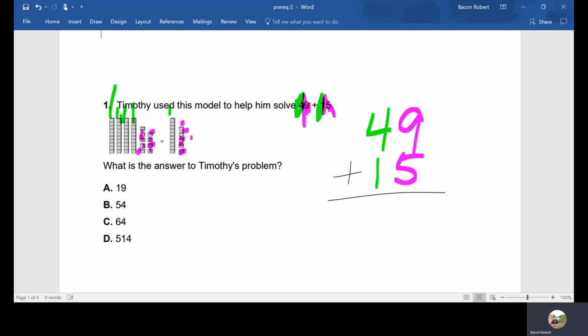So the first thing I want to do is start in my ones place because I'm adding. Well, we're always going to start over here on the right. And we're going to add 9 to 5.